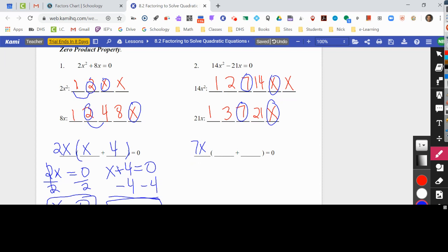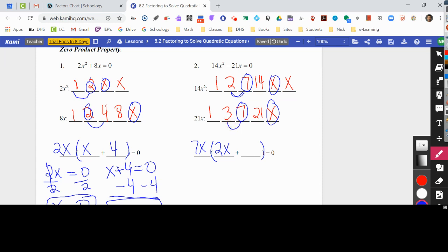Now that I found my GCF, I have to fill in the rest of the parentheses to figure out how to finish factoring this. Well, 7's partner was 2, so that's going to go here. And then I have this extra x, so I have to bring that down here. And 7x times 2x gives me that 14x squared. That makes sense.